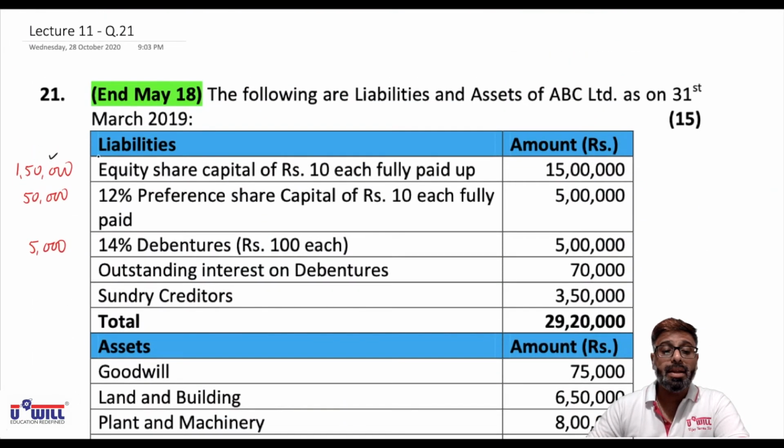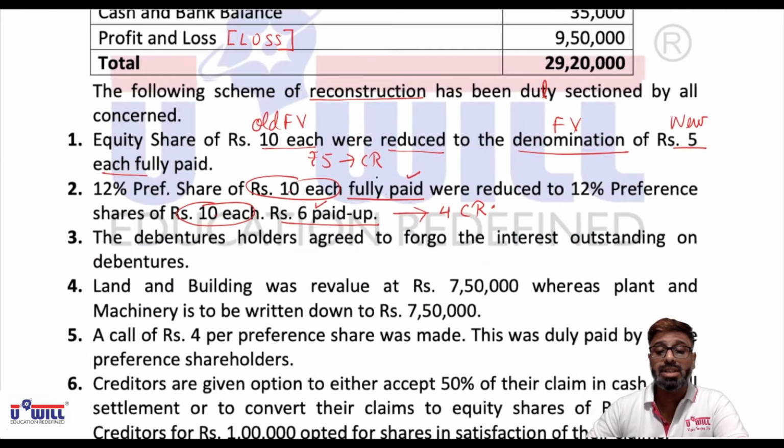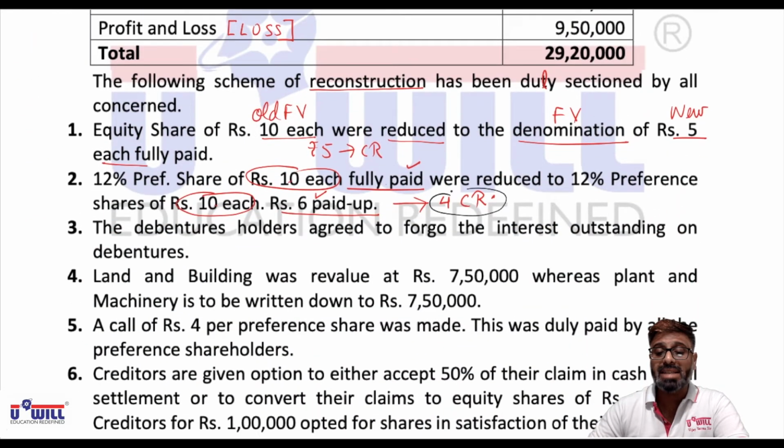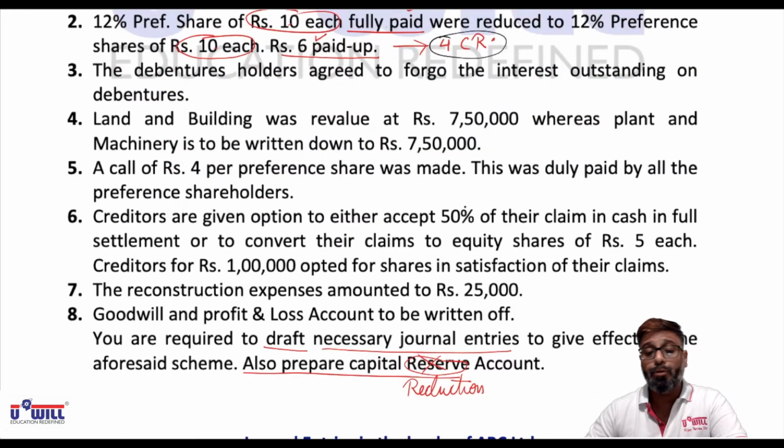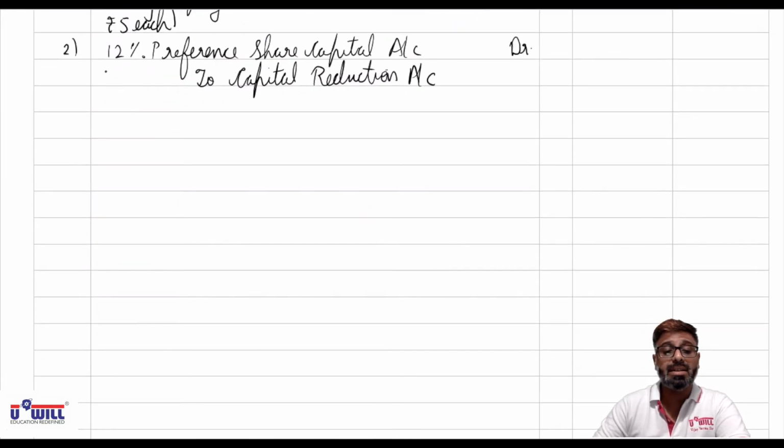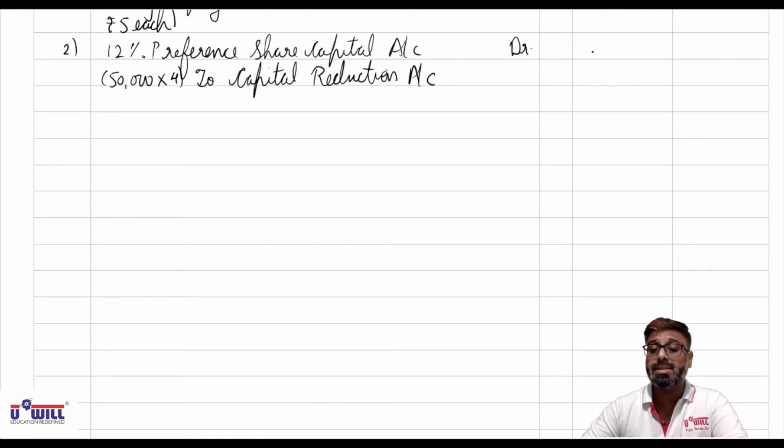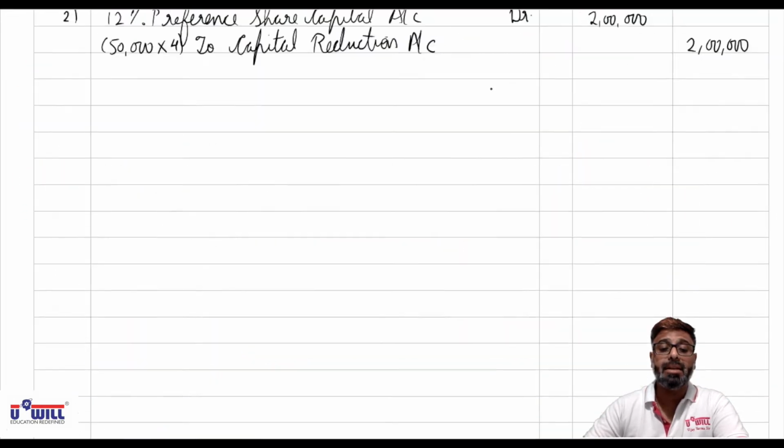What amount? There are 50,000 preference shares and 4 rupees they are sacrificing. From fully paid up 10 rupees they are becoming 6 paid up. The 4 rupees they are sacrificing will be transferred to capital reduction. So 50,000 into 4, 2 lakhs.